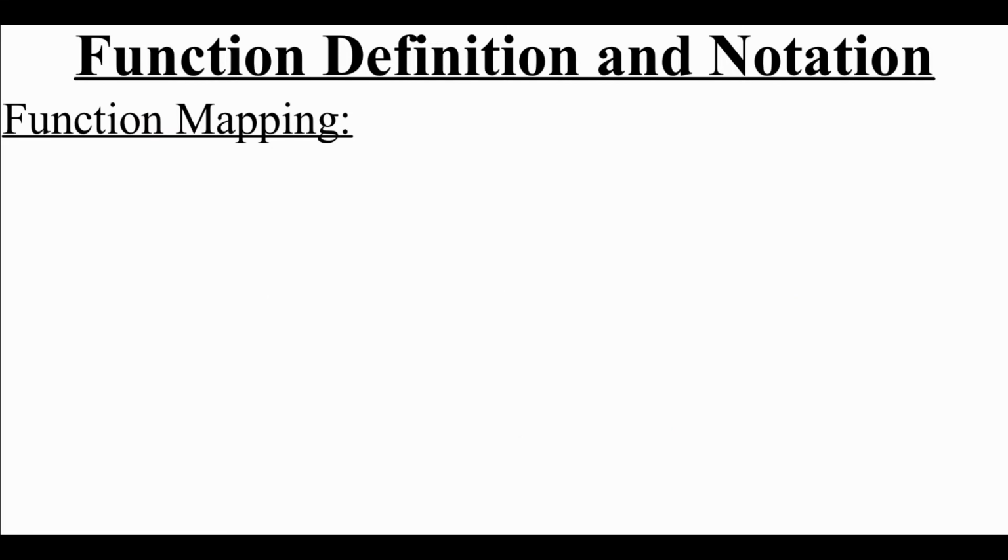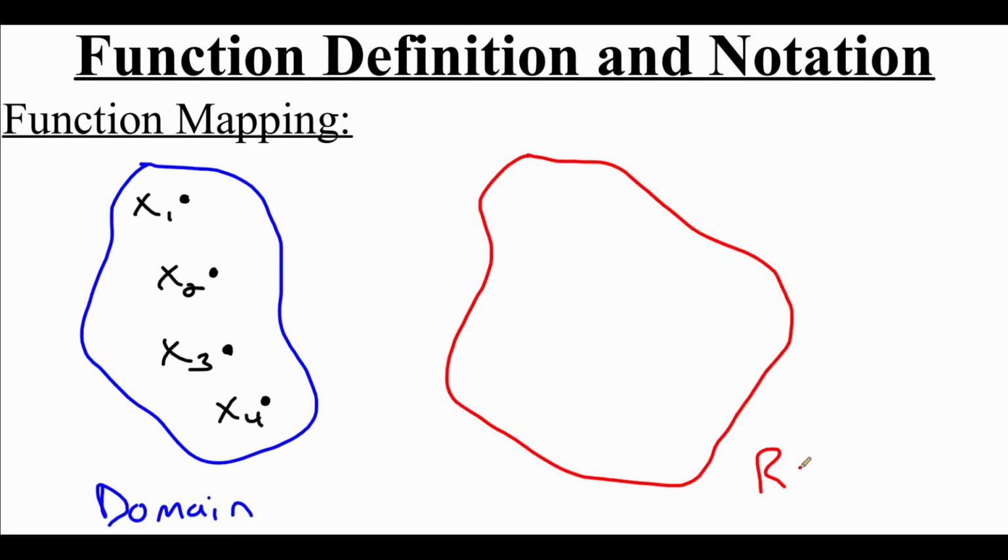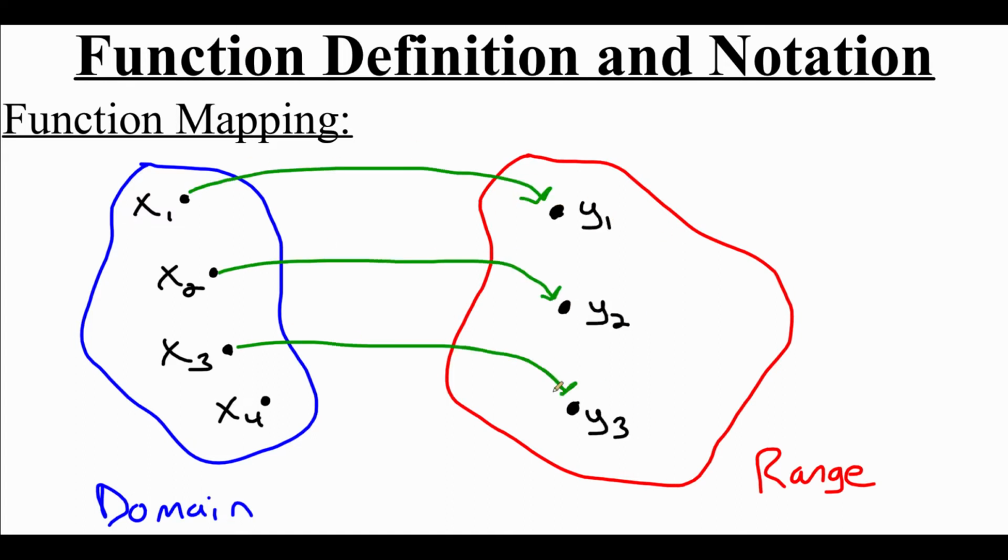Another thing we can do to show what a function looks like is something called function mapping. Now in this function map, on the left hand side we have our domain, and that's made up of some x values, and on the right hand side we have our range, and that's made up of some y values.